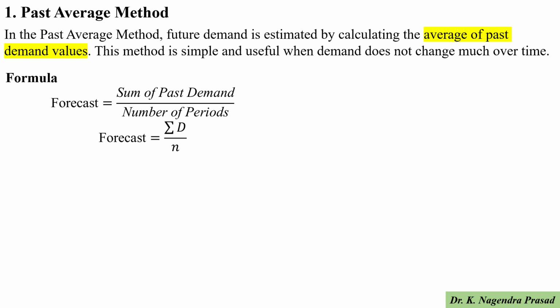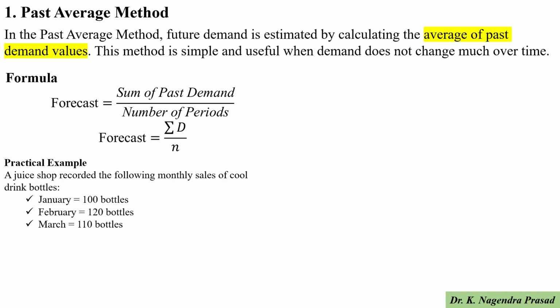In the past average method, forecast equals the sum of past demand divided by the number of periods. So forecast equals the summation of capital D divided by small n, where capital D is the past actual demand and small n equals the number of periods.